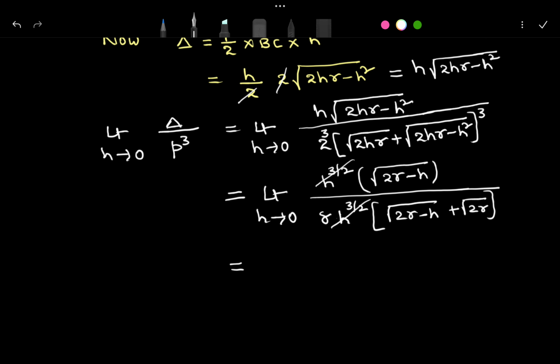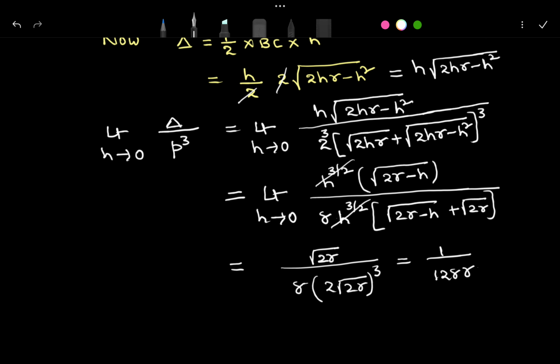You will get square root of 2r whole divided by 8 into 2 into root of 2r whole to the power of 3. So now by calculating, you will get 1 by 128 r.